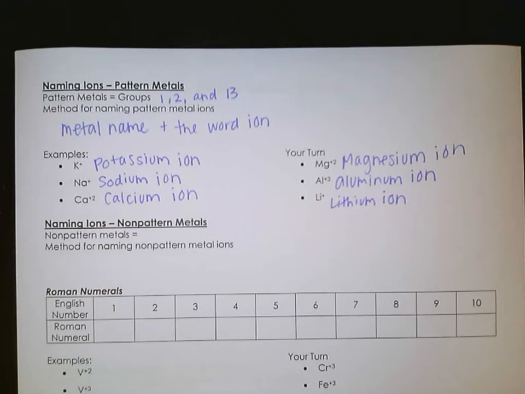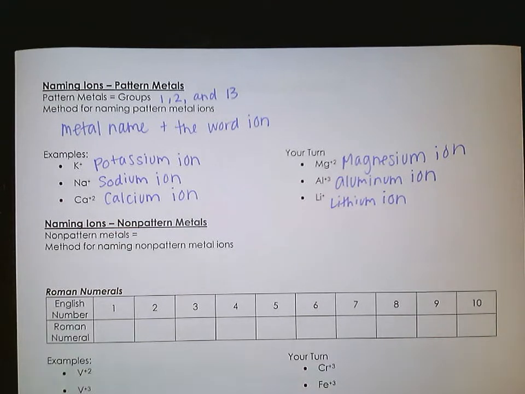Okay. So let's look at one where we have to do an additional step there. So this next group are called non-pattern metals. So what I mean by non-pattern metals are metals that don't fall into those nice pretty groups that we just did on the front page.